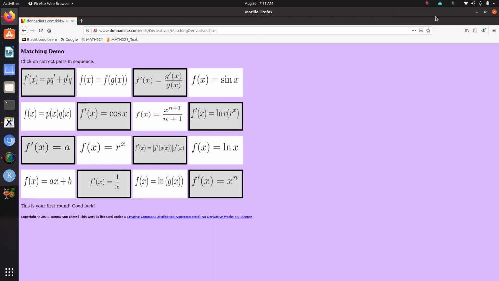I think I wrote this a while back when I was teaching calculus, back in like 2013. You don't need this now, but it's just to help you learn your derivatives. So you're like, oh, I think sine goes with cosine. You just click sine and cosine, and if it's a match, it stays that way. Let's see if you know these.